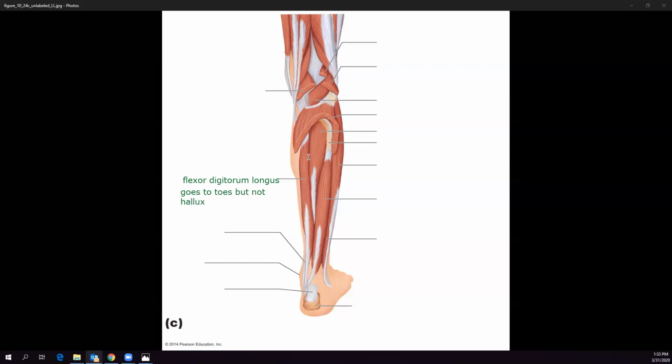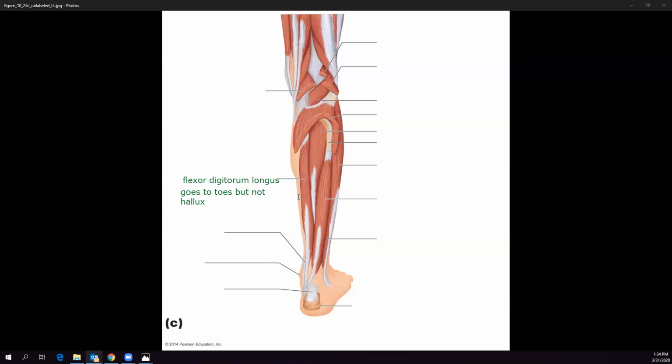It's just going to go to toes 2 through 5, so those 4, but not to the big toe. Now, that seems strange because look, it's right behind our big toe. But the reason is that we need our big toe to contract stronger than the other toes, because when we're running, the last step we take is we push off with our big toe.